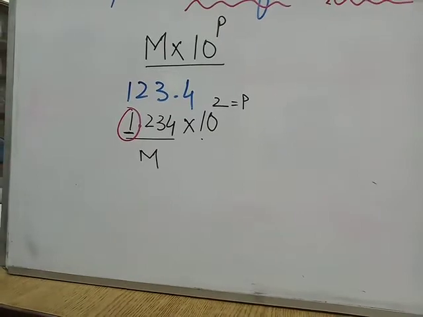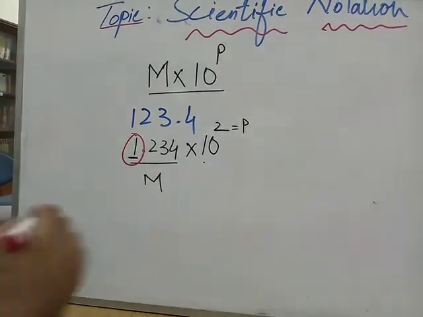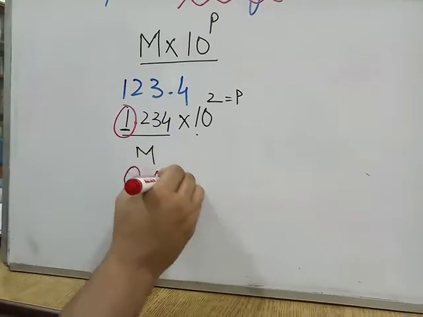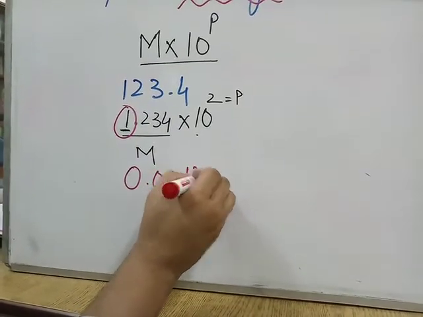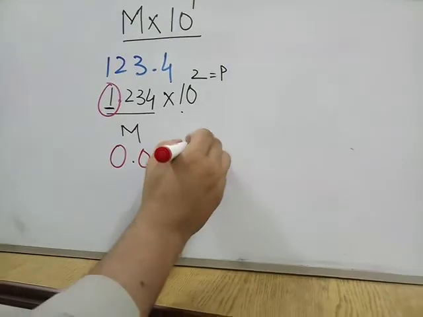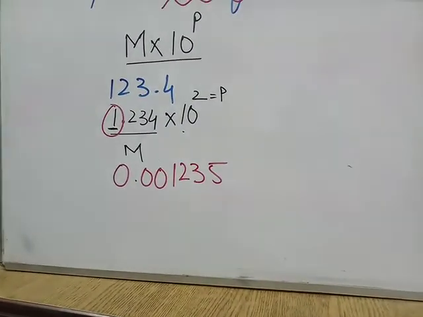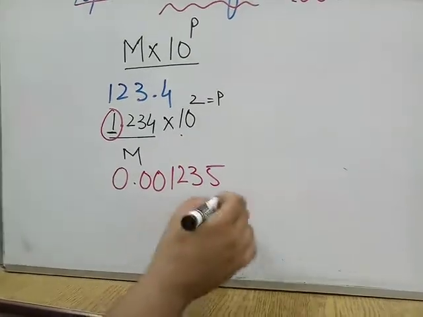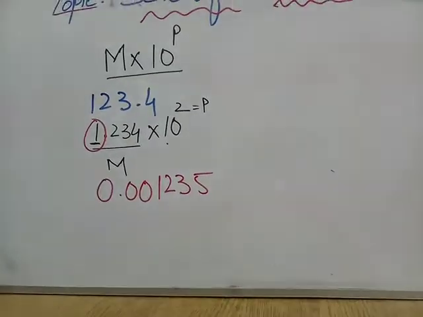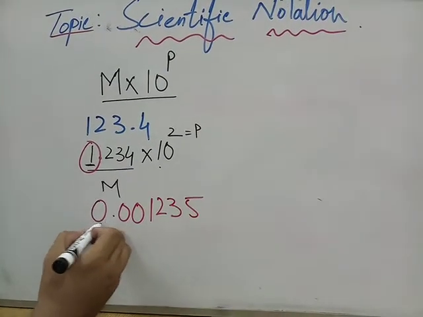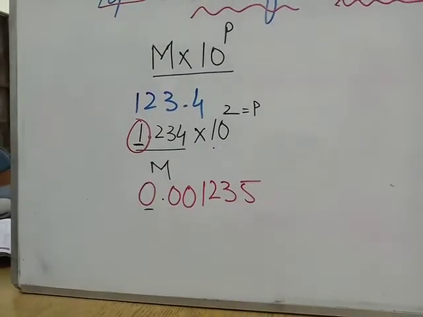Like another example, when we have 0.0012335, this is not in the standard form because on the left side of the decimal there is a 0.